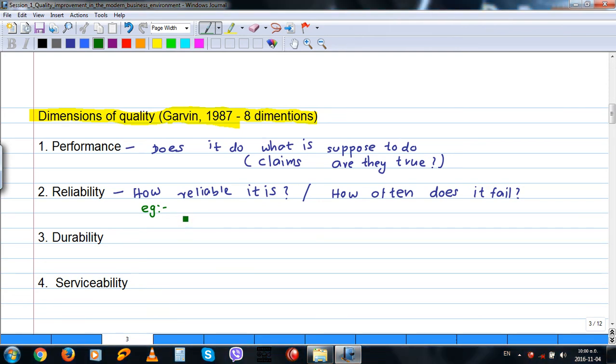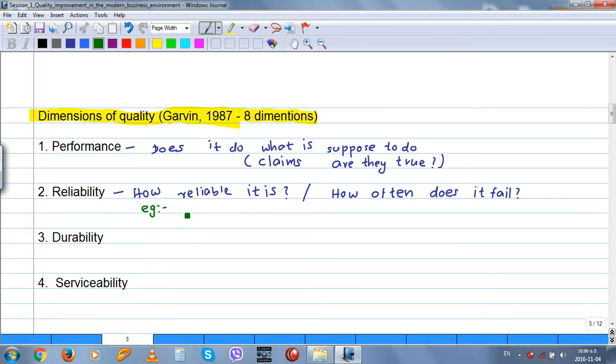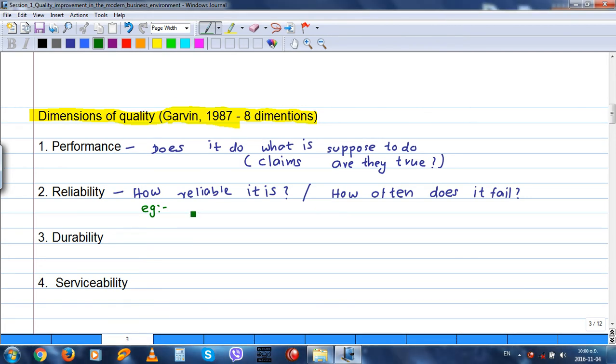Sometimes another vehicle needs frequent repairs, it means there are major repairs. Then we can say that the vehicle which has major repairs is not reliable. If we want to use it, we can't use it because it fails. That means it is not reliable, right? So we can write the example in this way.